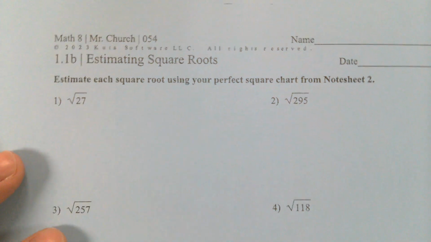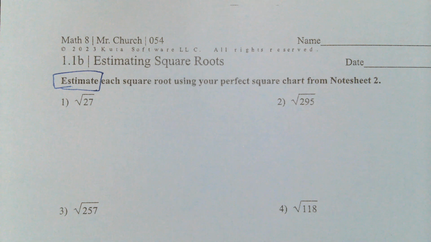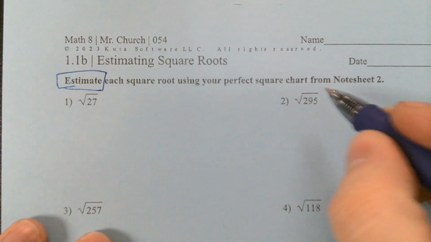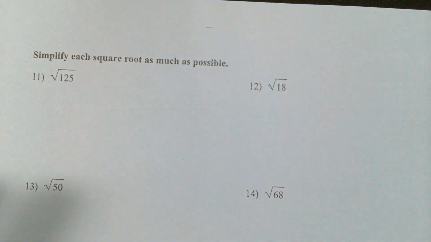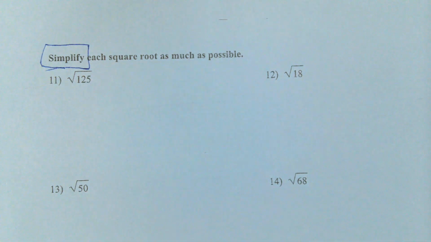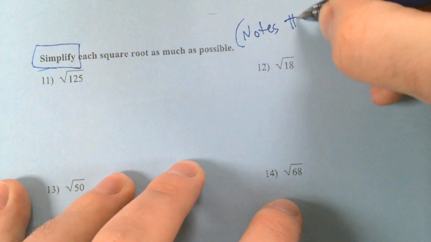So when we get worksheet 54 today, on the front, you're going to have to estimate each square root, figure out where they fall between, obviously using your chart from note sheet 2. And then on the back, you're actually going to have to simplify those square roots as much as possible. That's going to be note sheet number 4.